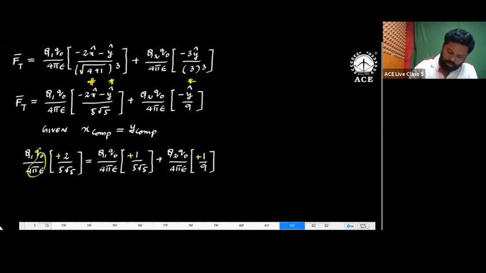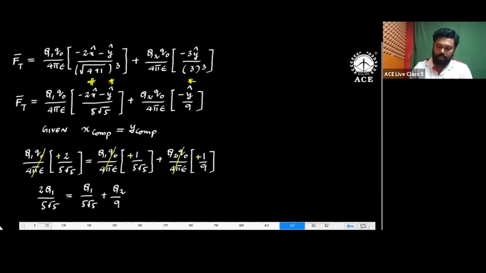Here Q naught by 4 pi epsilon naught is a common thing, cancel out on both sides. Here it is 2Q1 divided by 5 root 5 equals Q1 divided by 5 root 5 plus Q2 divided by 9.